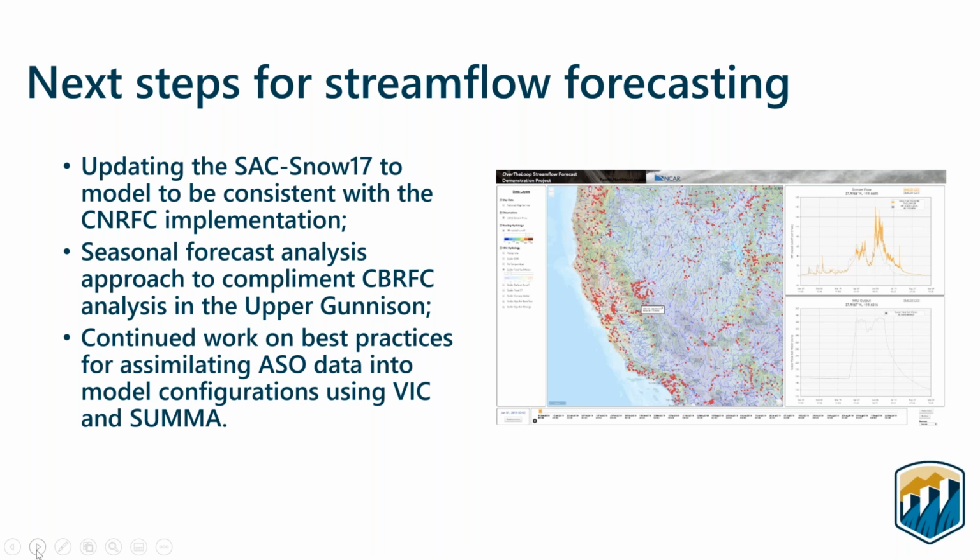But what we're really moving toward is working on best practices for assimilating this ASO data into model configurations using two other models, so VIC and Zuma. So Andy just gave a nice intro into Zuma. And what I'm showing here is an uncalibrated, straight out of the box national model simulation in the Tuolumne, and it appears to have some skill.